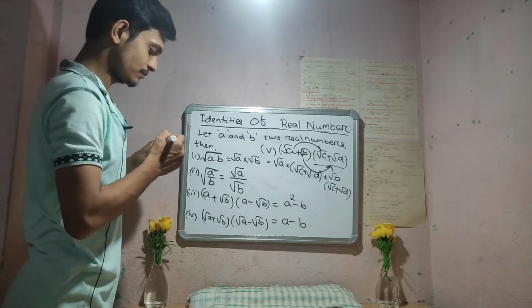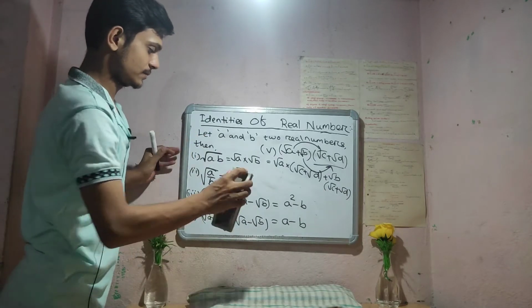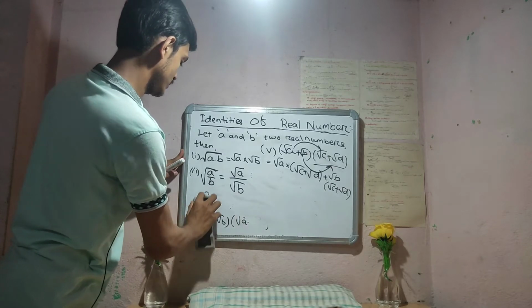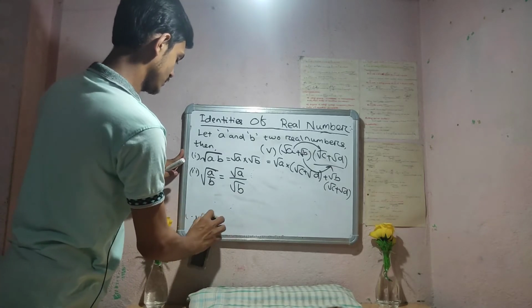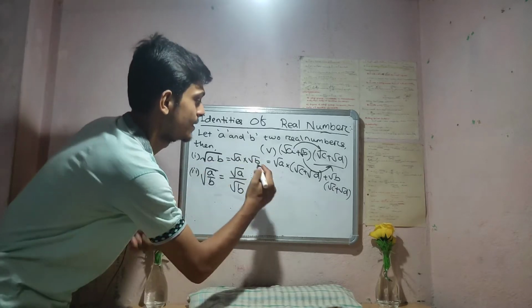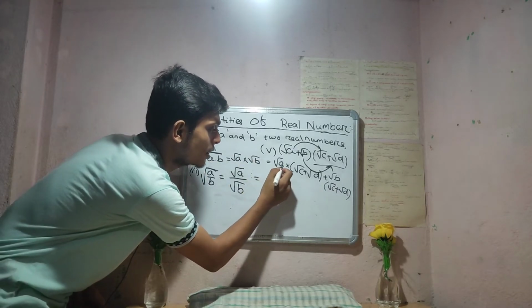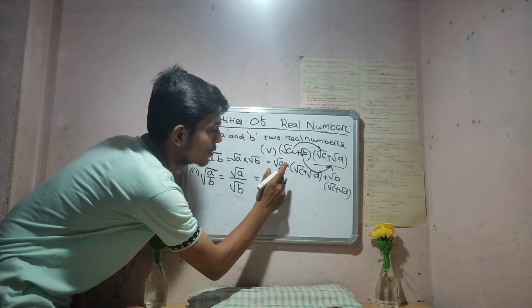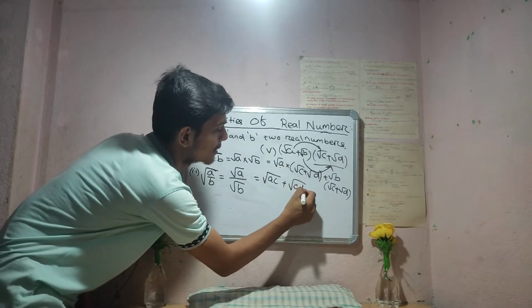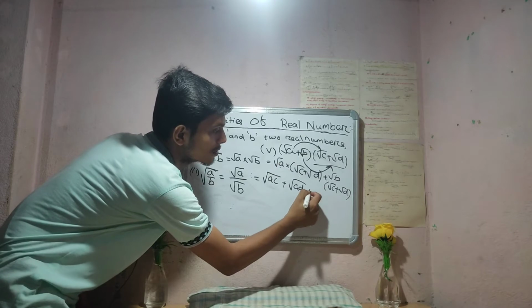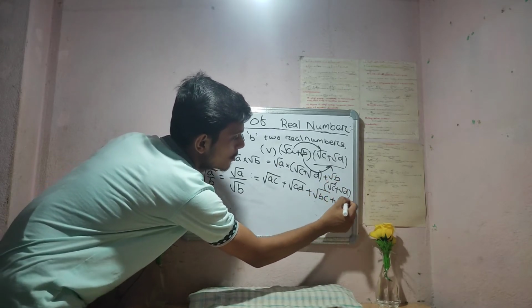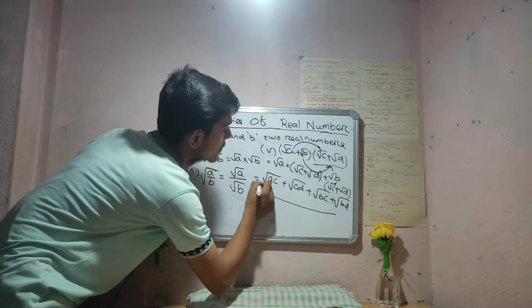Clear my point? So that is √a multiplied with √c, what is the value? That is √(ac) plus √(ad) plus √(bc) plus √(bd). So this is the formula.